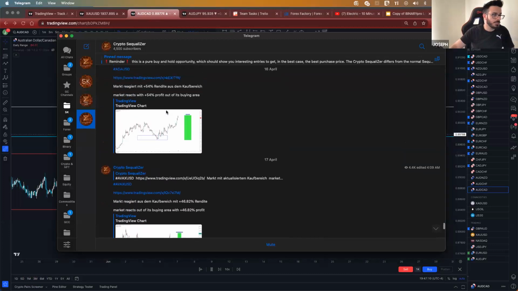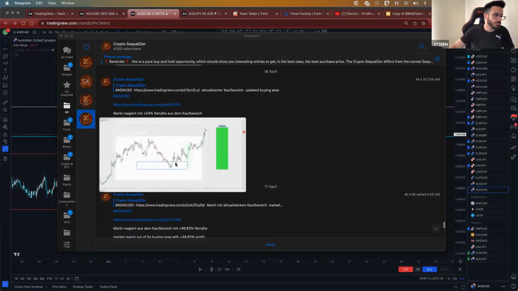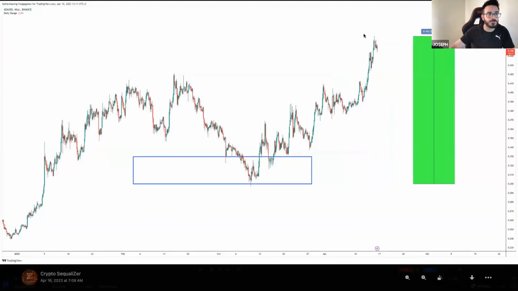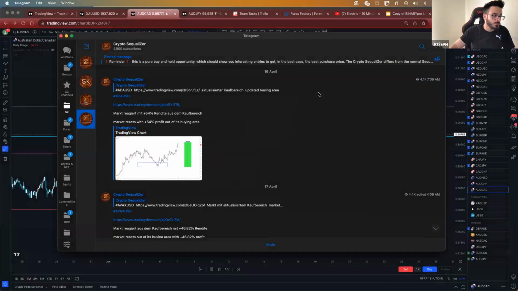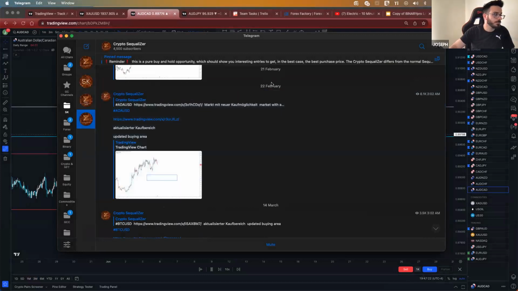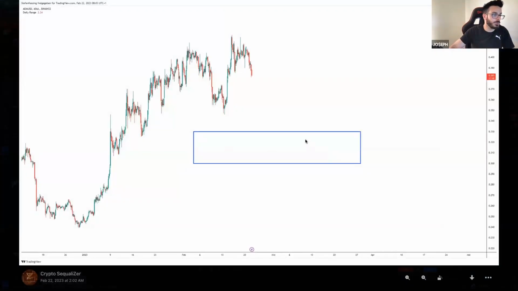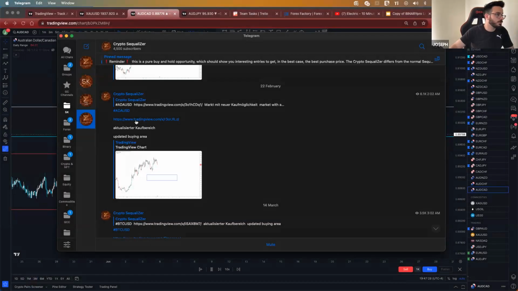So it's not just about Forex. Look at this one. This is a really big profit here, 53% on top of your portfolio. On February 21st, they told you that we have a good correction area to buy from, for ADA USD, for Cardano.